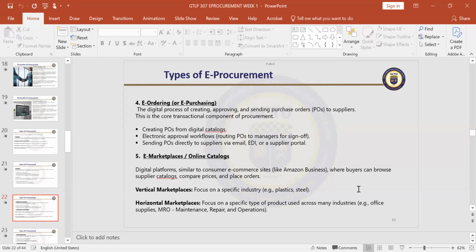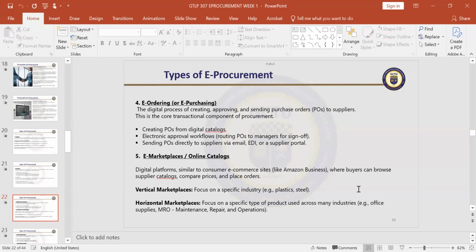And then e-marketplace and online catalogs. We have two different types of marketplaces. Digital platforms similar to consumer e-commerce sites like Amazon Business, where buyers can browse supplier catalogs, compare prices, and place orders. So we have vertical and horizontal marketplace.